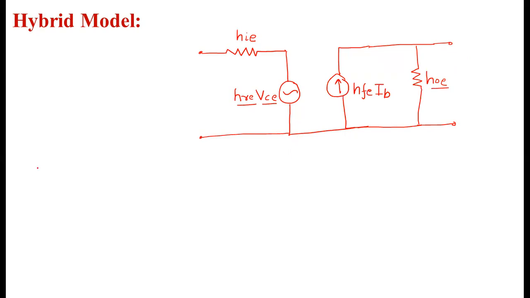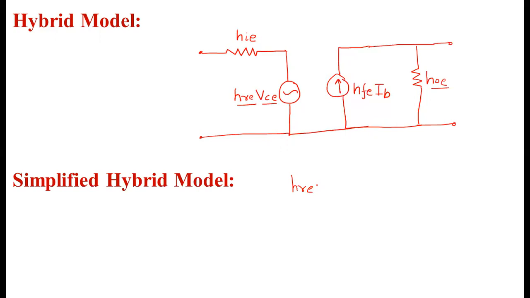So we will draw the simplified hybrid model for the transistor. For the simplified hybrid model, we know that HRE and HOE are equal to 0. So when we put HRE and HOE equal to 0, it gives us the simplified model, where HRE is the reverse voltage gain, so we assume that the reverse voltage gain is equal to 0.